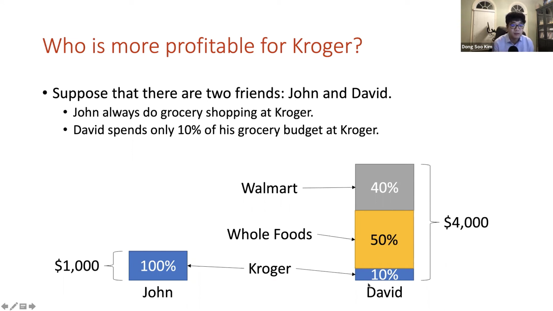That is, as in this figure, John has a smaller budget but spends all of it at Kroger, which equals $1,000. But David spends only $400, although he has a larger budget than John. So, for Kroger, we can say that John is more attractive than David.